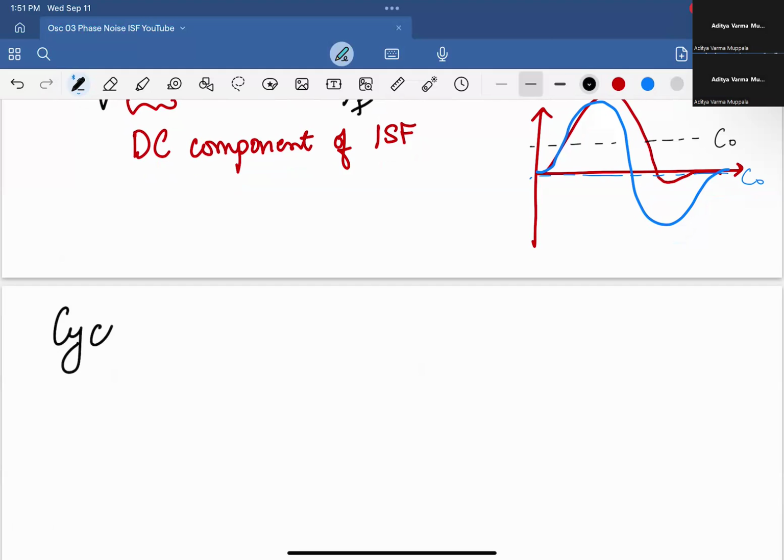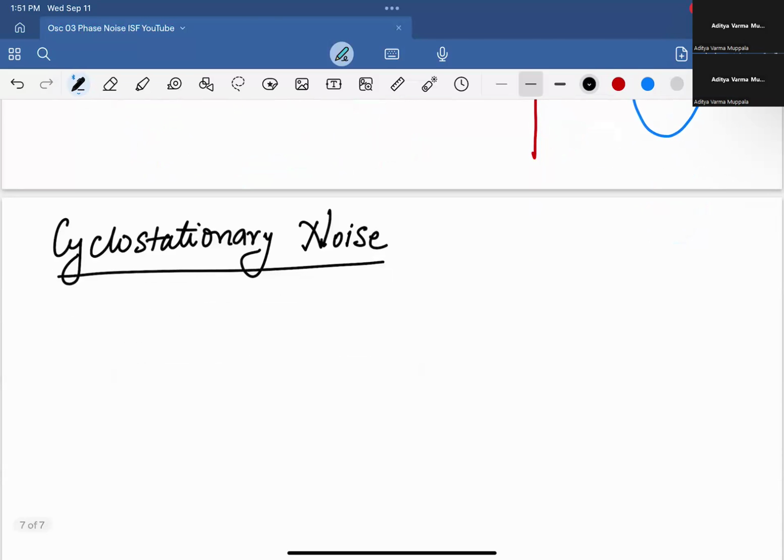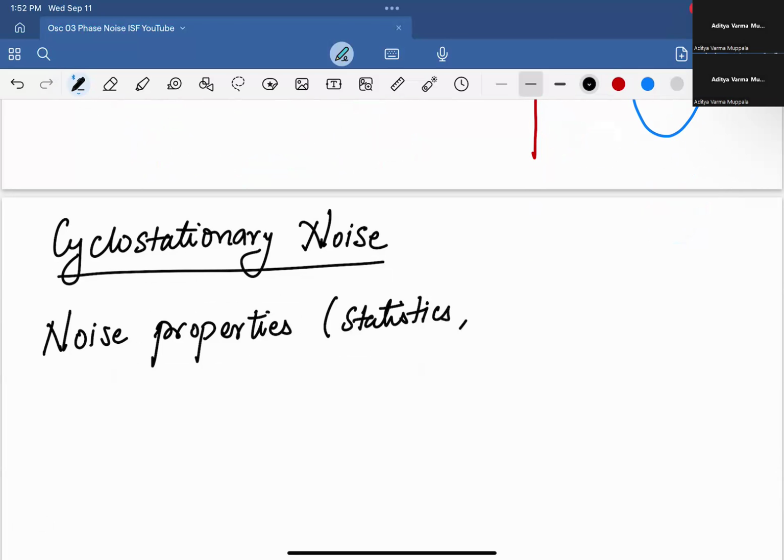So one thing we've ignored so far is cyclostationary noise sources. What is that? This is when the noise properties, that is the statistics, such as mean and variance if it's Gaussian, but it can have other statistics as well, are periodic.